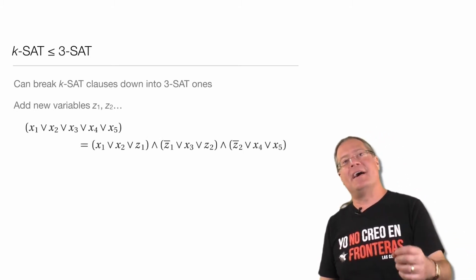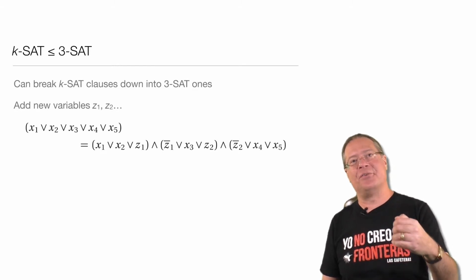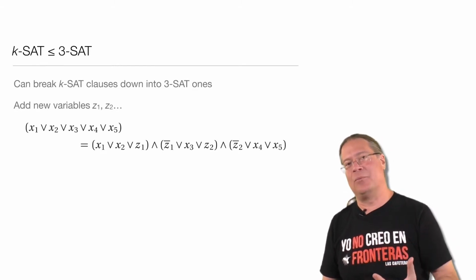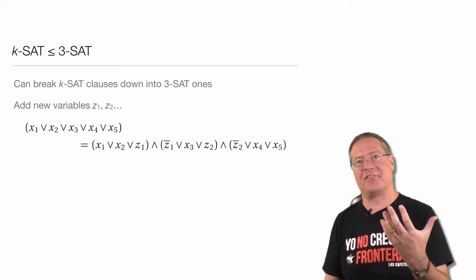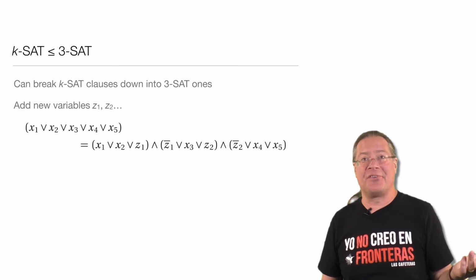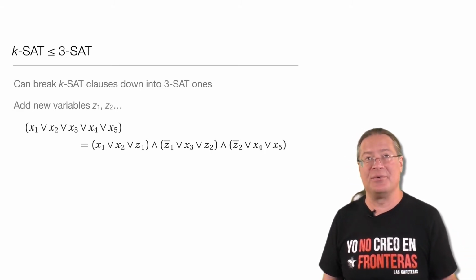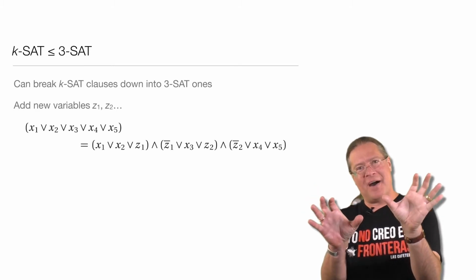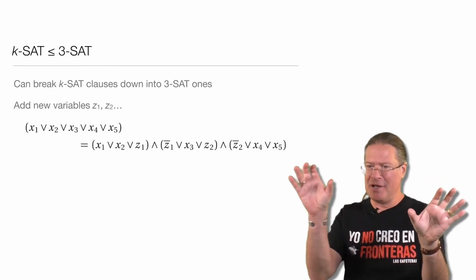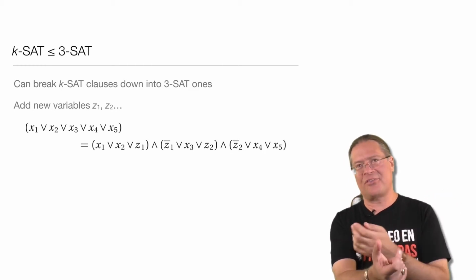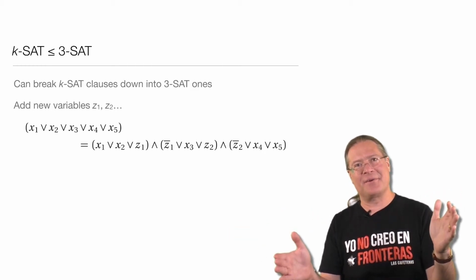So here I have x1 or x2 or x3 or x4 or x5. This is a 5-SAT clause. It wants at least one of these 5 things to be true. I can invent new variables, I'll call them z1 and z2, and I can use them to break this 5-SAT clause into 3-SAT clauses, and then use them as glue or staples to connect it all together.